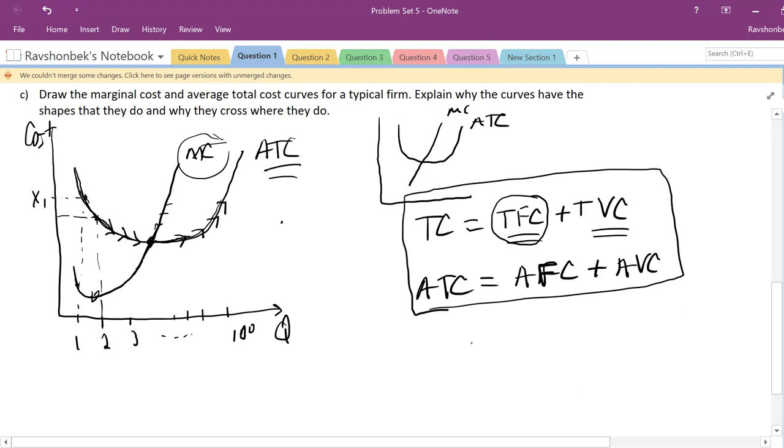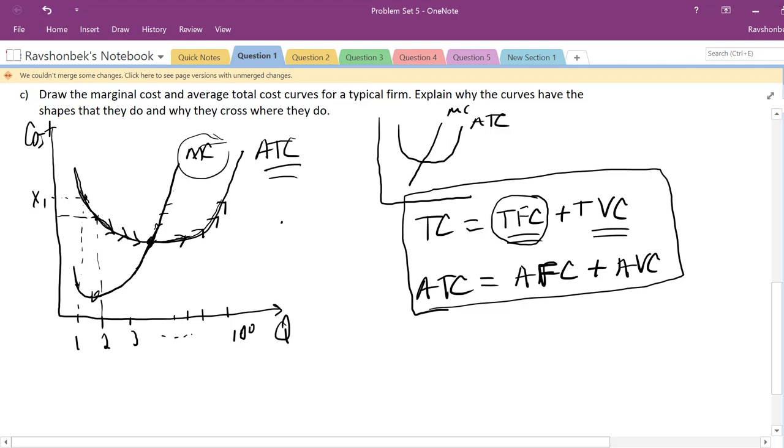As we add more labor with the capital fixed, we create a situation where the additional output produced from additional labor input becomes less and less over time, and it will be costly. So each additional unit becomes costly.